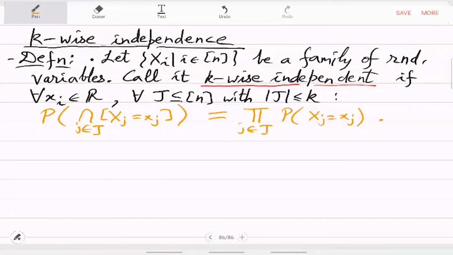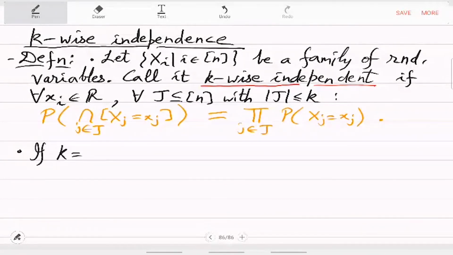That is the most natural way to define k-wise independence: any k subset that you choose of your random variables, the way they behave is totally independent. So in particular the intersection probability is just the product.